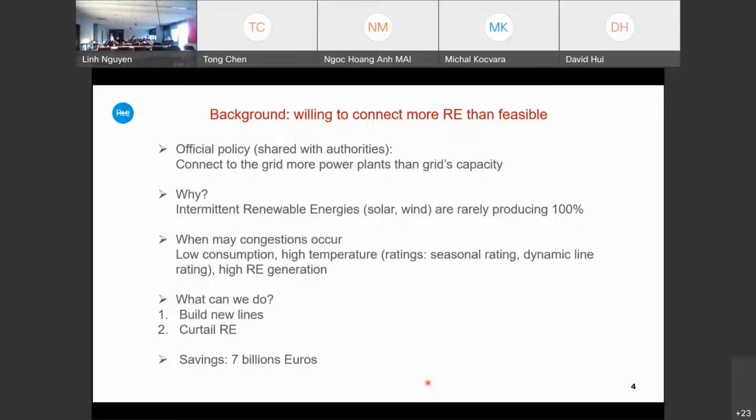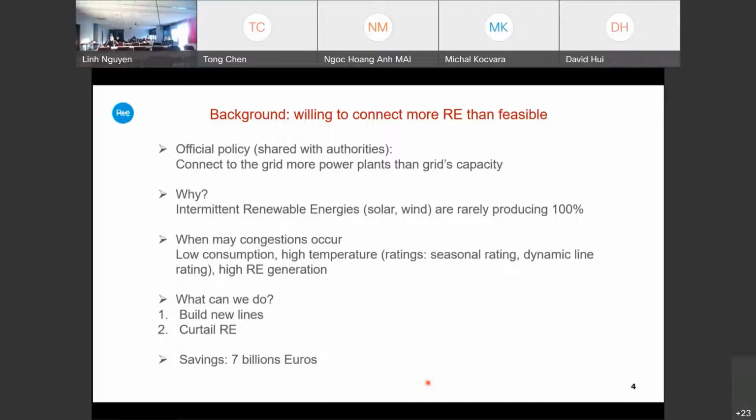When you have high temperature, so in summer, the capacity of the line is reduced because the temperature outside is on average higher than in winter. There are some computations, not perfect, but they give the upper limit of the flow on the line, lower than in winter. This is named seasonal rating.